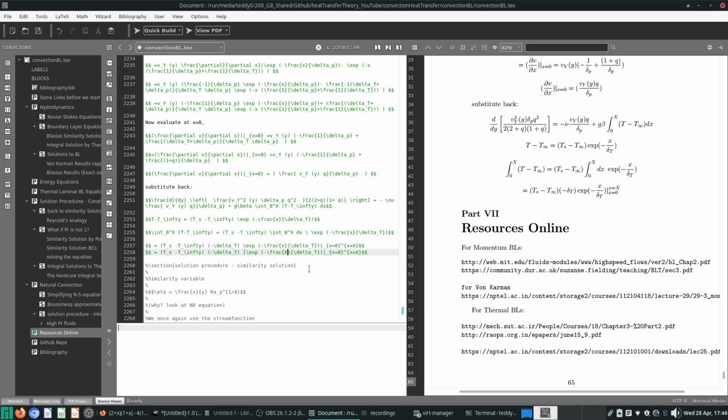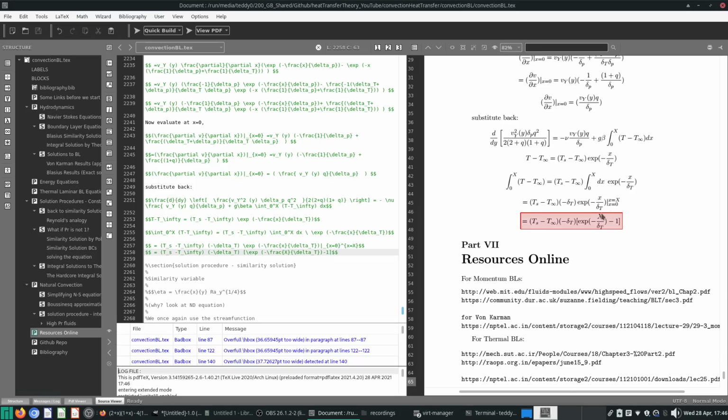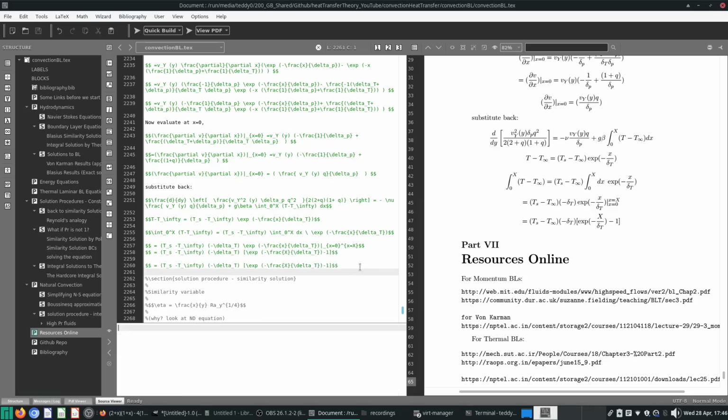We'll have x as the first one. Then we'll have minus exponential of 0, which is just 1. Okay, never mind, I'm just going to put 1. Of course this term should be very much smaller than unity, so I'm just going to delete that. And the minus signs will cancel. And that's what we will have.